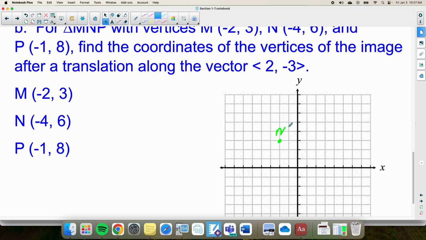That is my M. Then my N is -4, up 6. Okay? And P is -1, up 8. And then you would connect those.